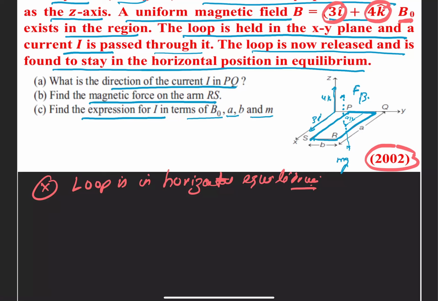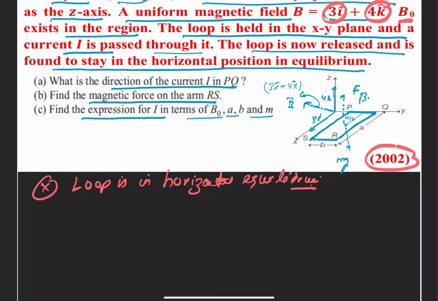There will be a resultant of it, approximately somewhere like this, and this will be our magnetic field B. This vector is our 3I plus 4K.